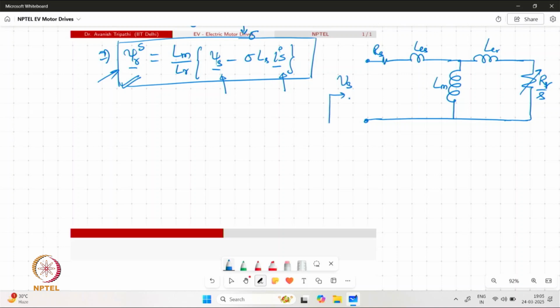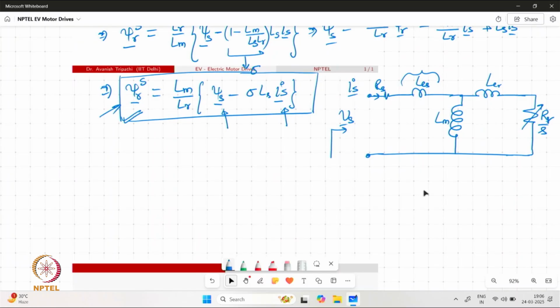We have the applied voltage Vs, and there is current flowing here as Is. The flux associated with LLS is our stator leakage flux psi ls. The flux associated with Lm is our air gap flux.